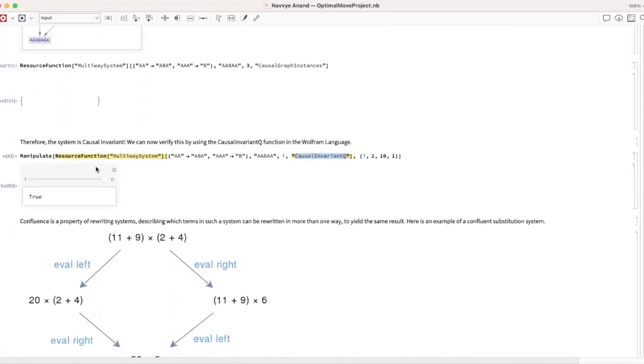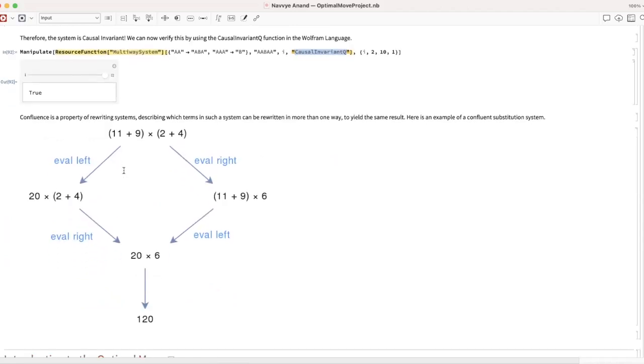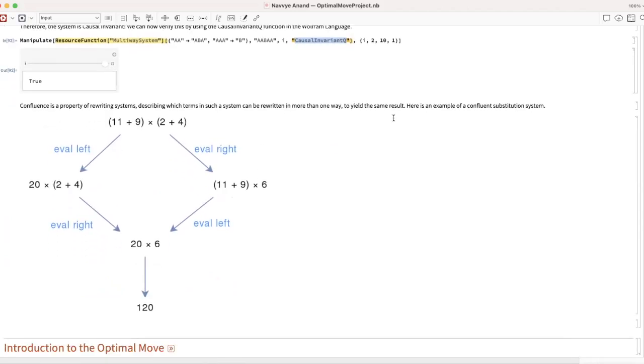Now, confluence is a property of multi-way systems, describing the term in which a system can be rewritten in more than one way to yield the same result. And here's an example of a confluent substitution system. Let's say we have (11 plus 9) times (2 plus 4), with both sums in parentheses.